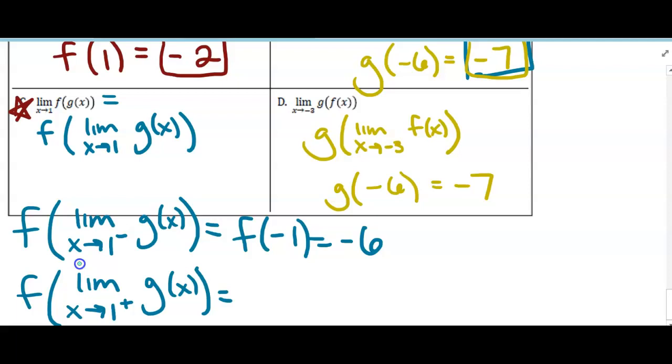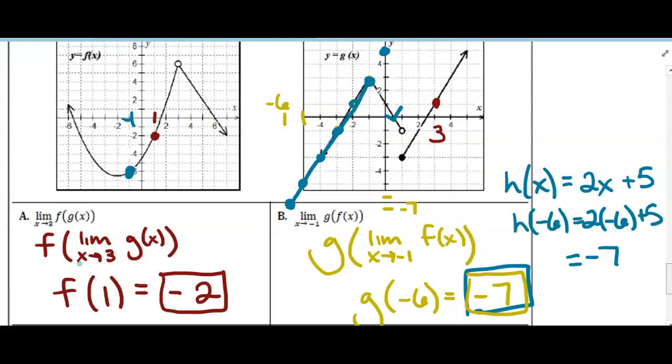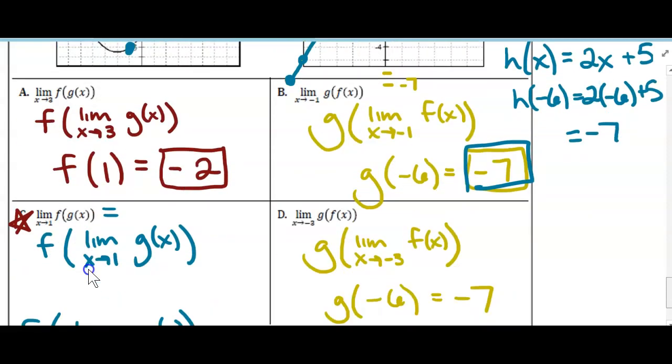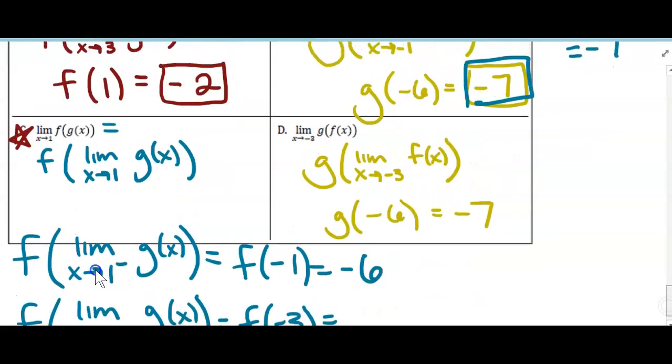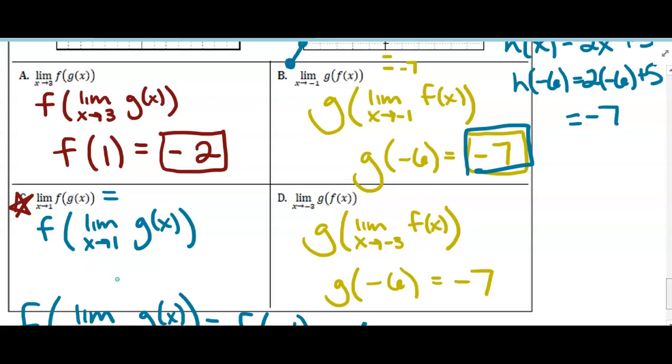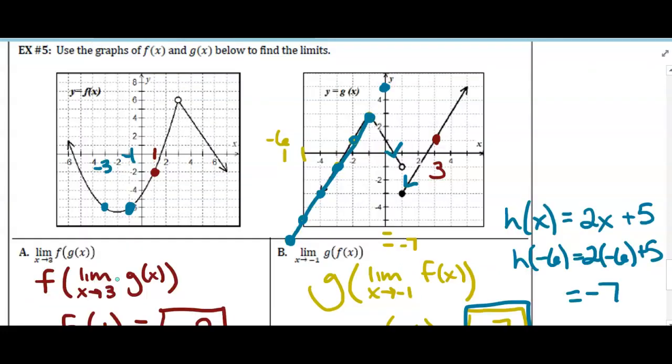Let's see. The limit as x approaches 1 from the right on g gives us a y value of -3. So I'm looking for f of -3. That is a function value now. So at -3, where is my function f defined? Look at that.